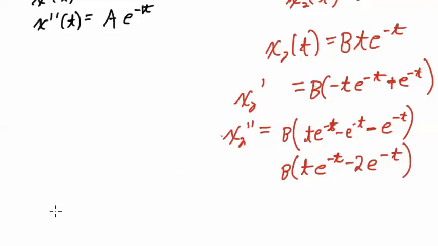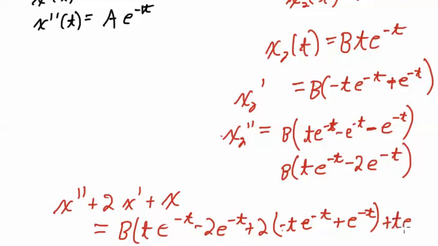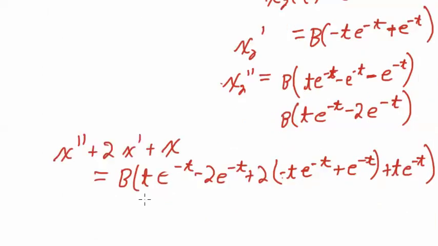So what is x double prime plus 2x prime plus x would be equal to x2 double prime, b t e to the negative t minus 2e to the negative t, plus 2 times x prime, 2 times negative t e to the negative t plus e to the negative t, plus our x, which is going to give us plus t e to the negative t. Now I'll combine like terms.